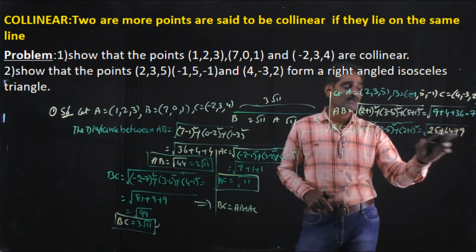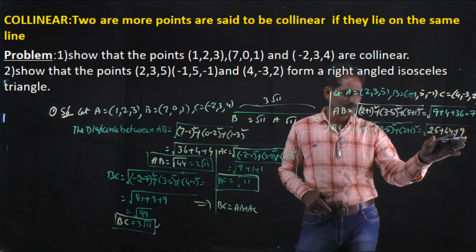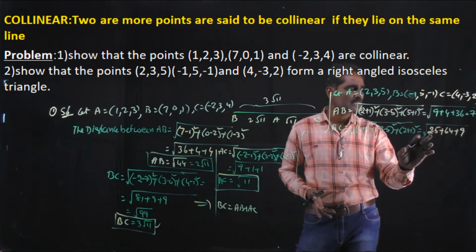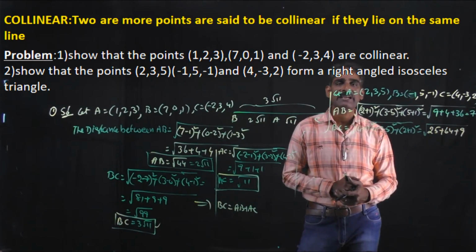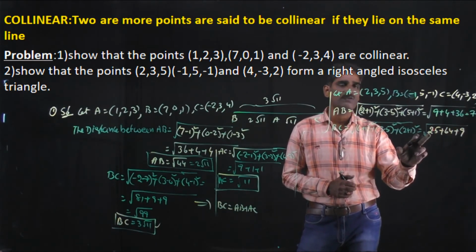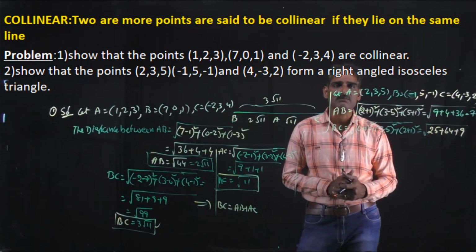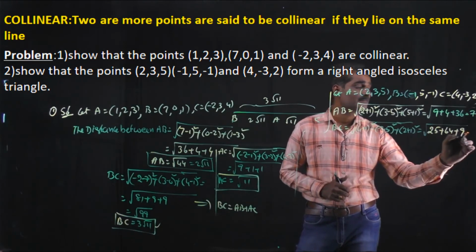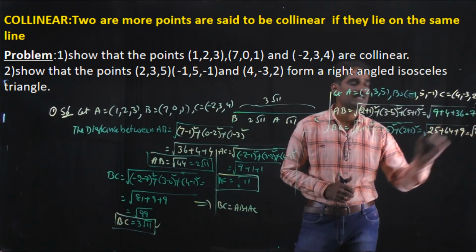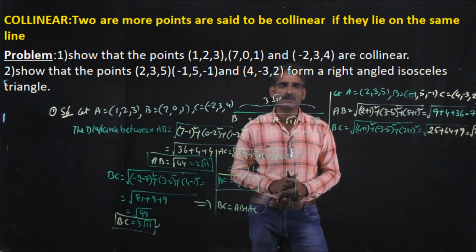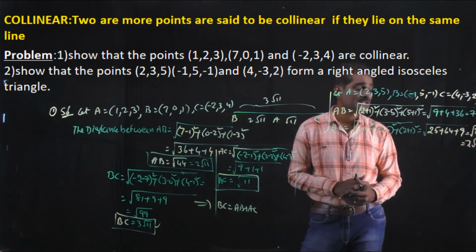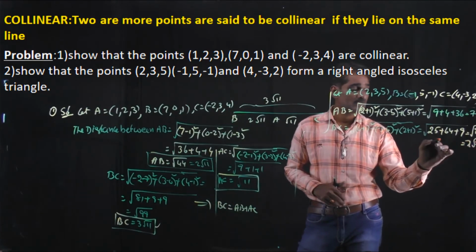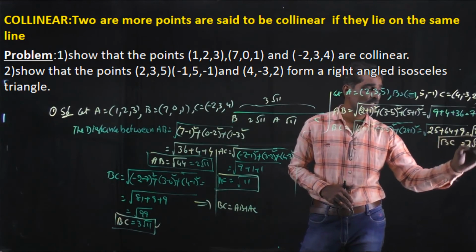Here 64 plus 9 plus 25 is 98. Root 98. Understand? We can write this as 7 root 2, 49 into 2. So the length of BC is equal to 7 root 2.